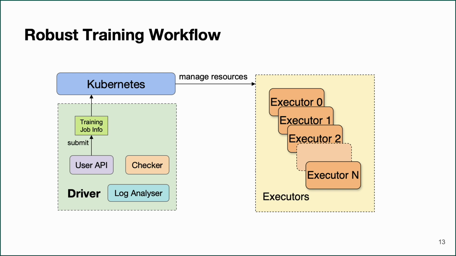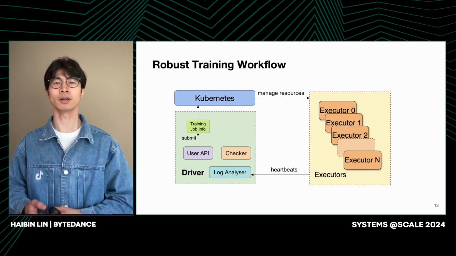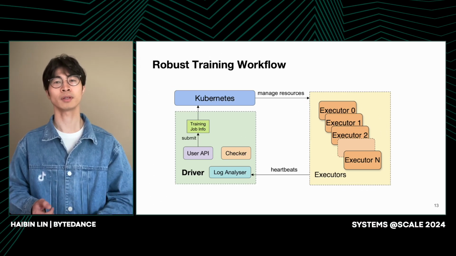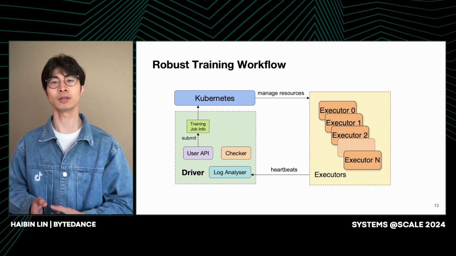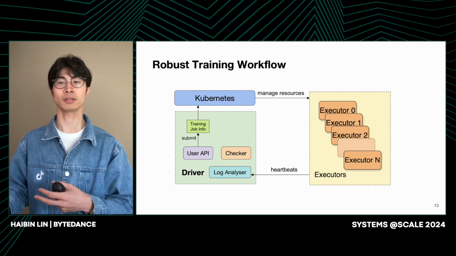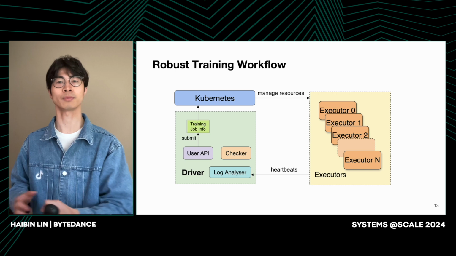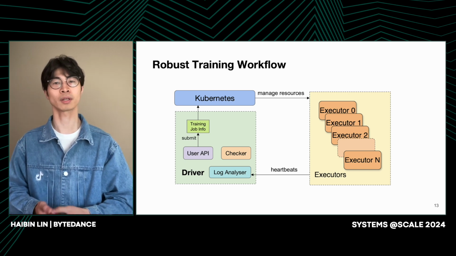Here, each executor on the graph is a GPU node, and if you run the training job, usually the executor would provide heartbeats to the driver so that the driver knows everything is working fine. Now, say that the training job hits some errors or failures. It could be a GPU hang or some ECC errors indicating that the GPU is not working correctly.